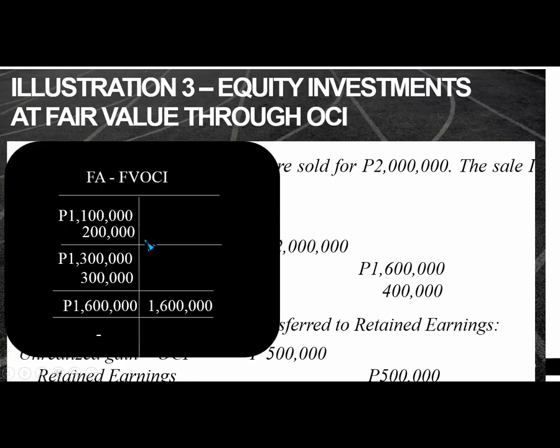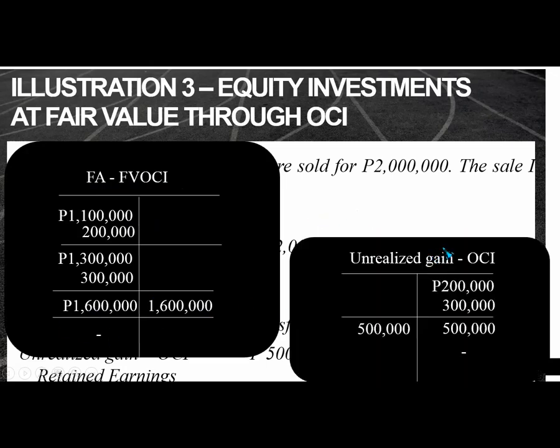Okay, so ito yung magiging itsura niya. So, yung FVOCI mo, after this entry, ay mazi-zero out na siya. And your unrealized gain OCI, after this second entry natin, nag-debit man tayo dito ng 500,000, mazi-zero na rin siya.